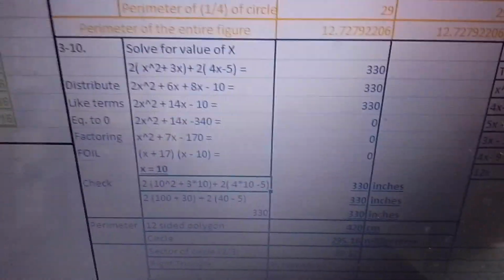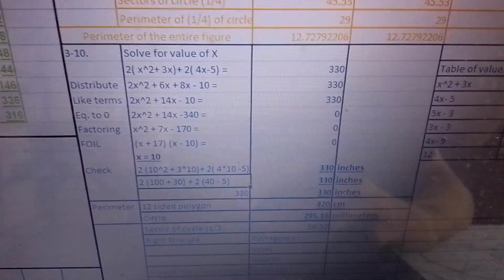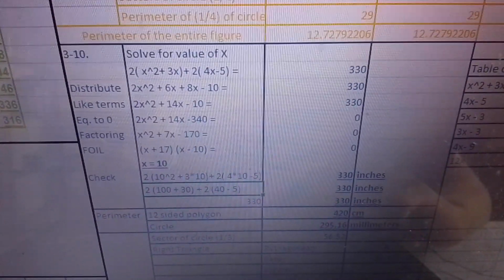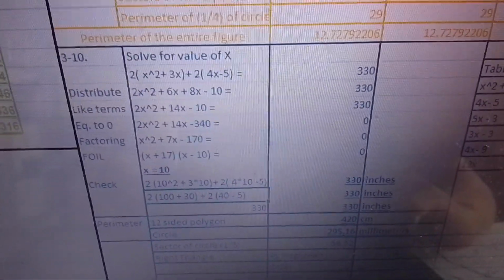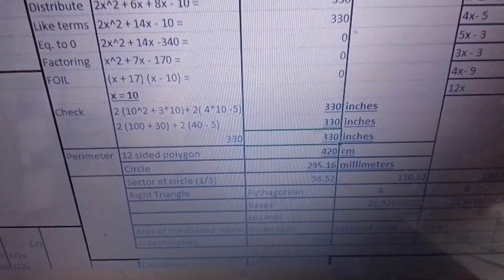Then to check, this is how we did it. I used the formula, and we should get something like this. 130 and then 35. When I multiply this all together, we should get 330. And if this checks, it checks. So therefore, we solve for the value of x.